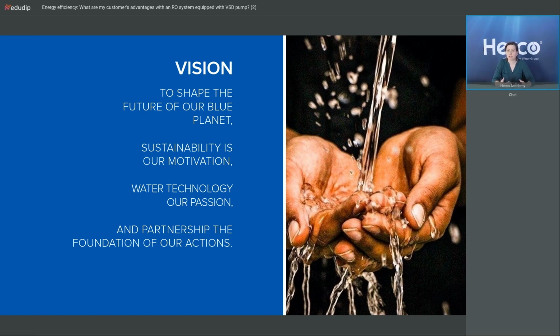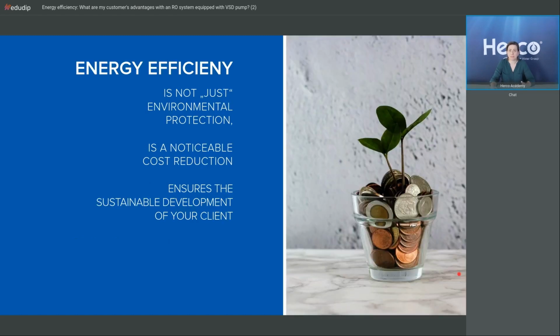And we want to give you a solution that makes sense technologically, that is really advanced. But for us, it's also important that this is a real advantage for you and for your clients. Because energy efficiency is sustainability on one hand. It's an environmental protection measure, but it's also a cost reduction that your client is going to notice right now.